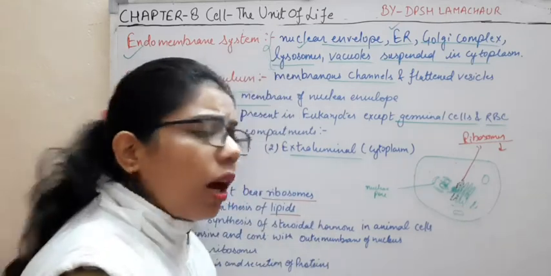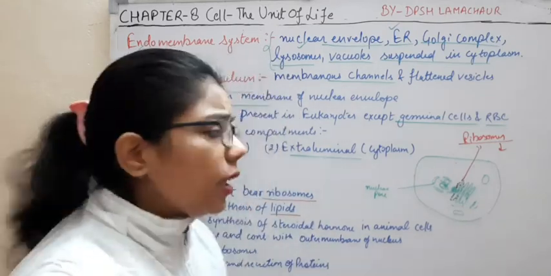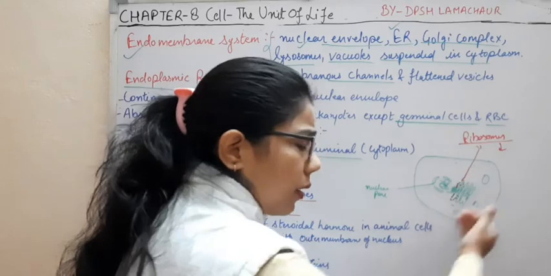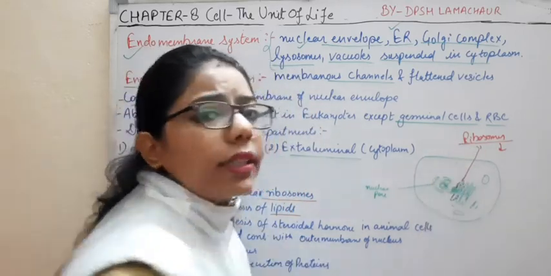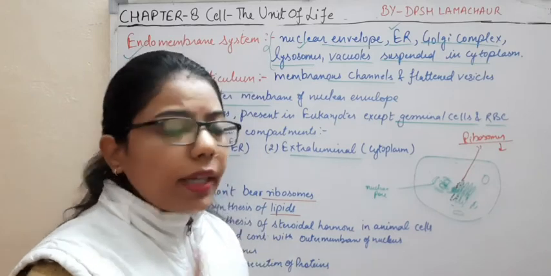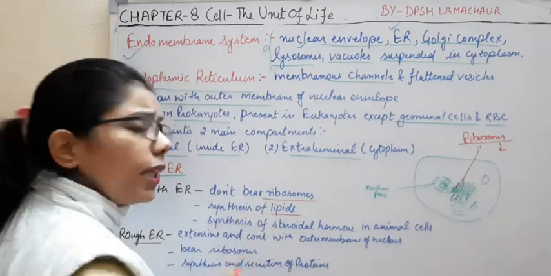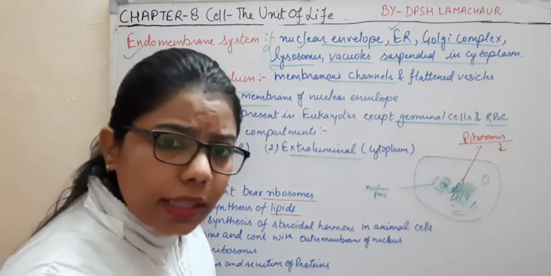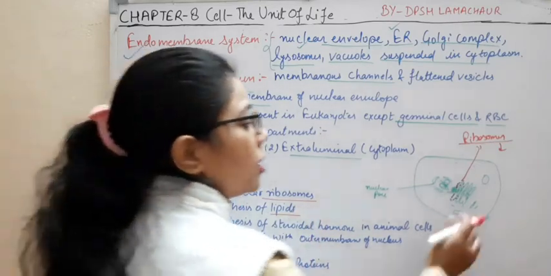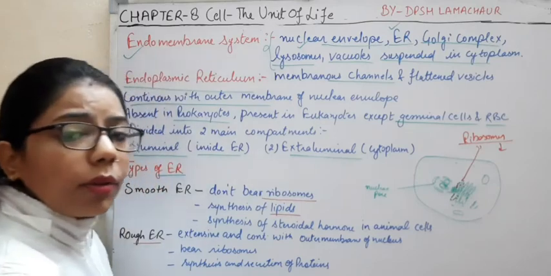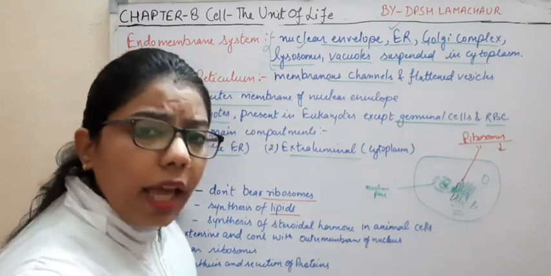So how is it making its cell membrane? The things functioning inside the cell help to provide all these types of constituents. So lipids are also required by the cell, and these lipids are synthesized by the smooth endoplasmic reticulum, in which ribosomes are absent.